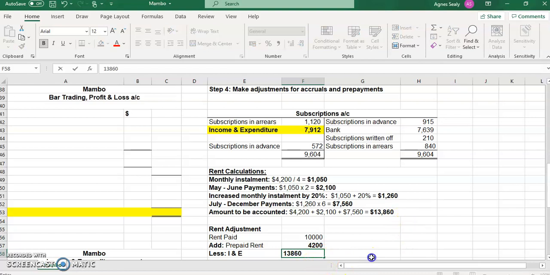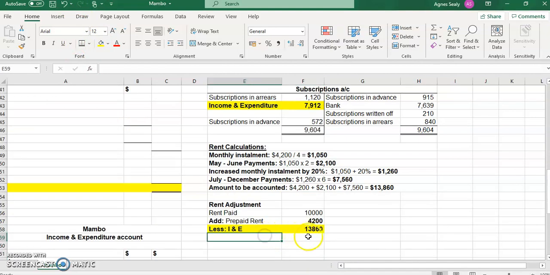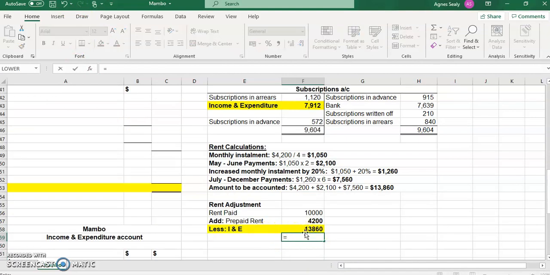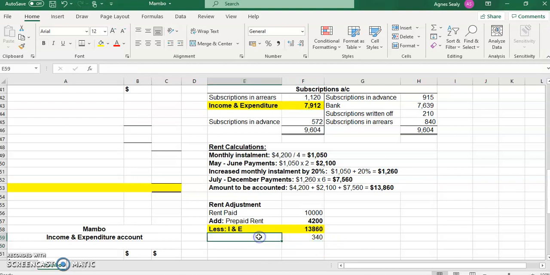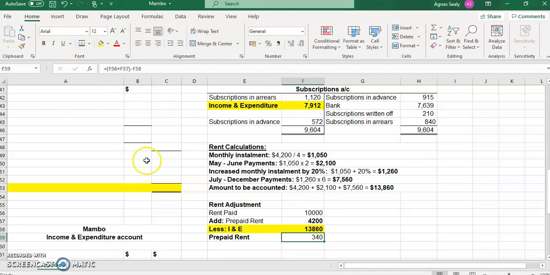So then let's see what the prepaid amount would be. That would be 10,000 plus 4,200, which gives us 14,200, minus 13,860. And our prepaid rent is $340. So we know the prepaid amount.